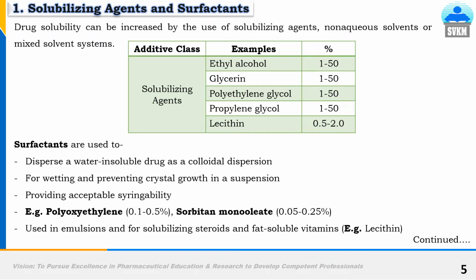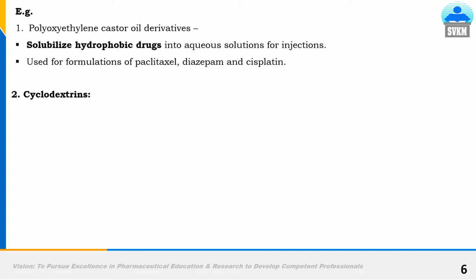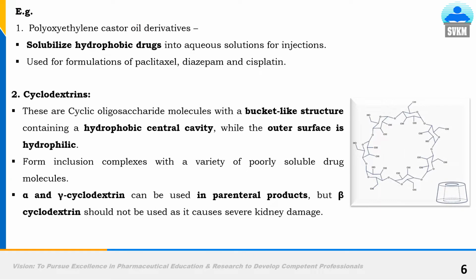Other examples of solubilizing agents are polyoxyethylene castor oil derivatives and cyclodextrins. Polyoxyethylene castor oil derivatives are utilized to solubilize the hydrophobic drug, and this can be utilized in formulations of paclitaxel, diazepam, and cisplatin. Cyclodextrins are nothing but the cyclic oligosaccharide molecules which have a bucket-like structure in which they contain a hydrophobic central cavity while the outer surface is hydrophilic in nature.